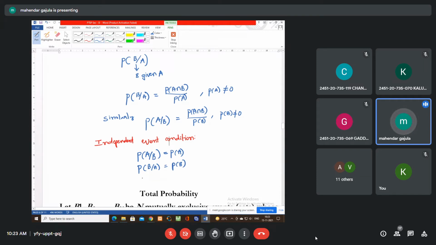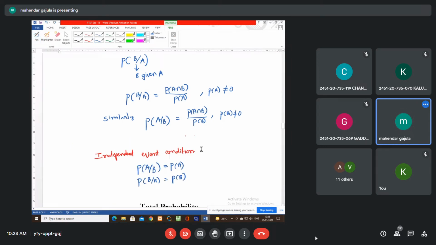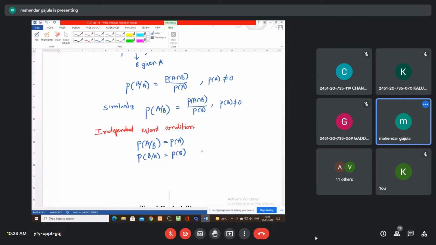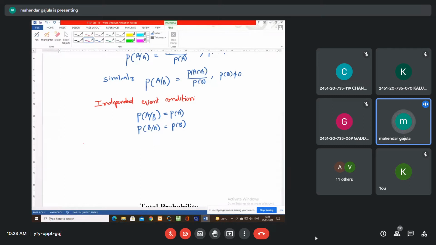And there is one more, that is joint probability. Can someone tell me what a joint probability is? We apply the probability on what? The intersection, right?